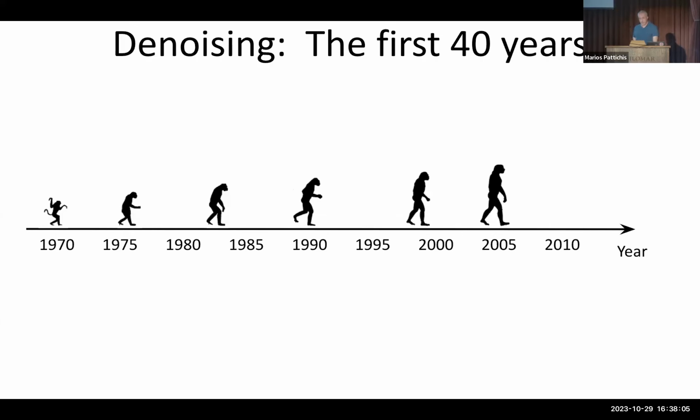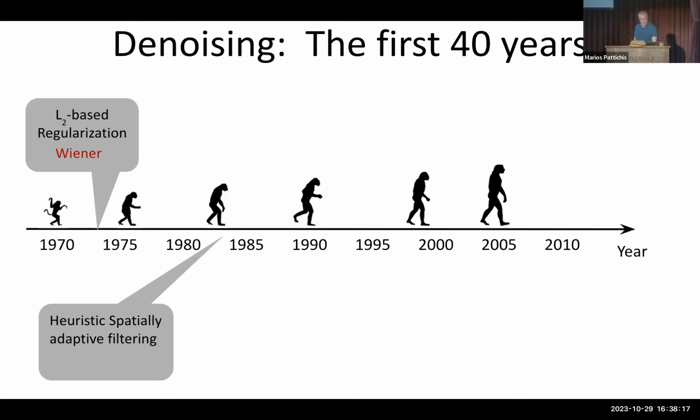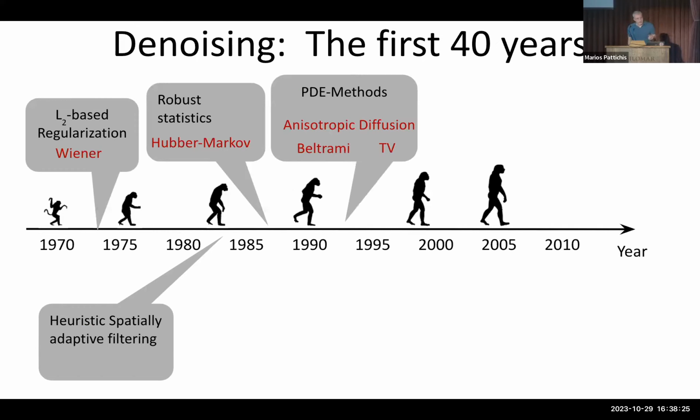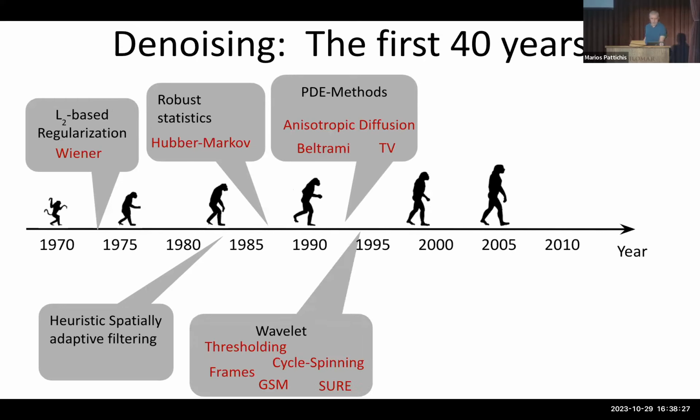There's a long history of development here, and I'll just kind of step through a few of them. With the start of sort of the space program and so on, there was a lot of early work done in this area. A bunch of heuristics were developed for spatially adaptive filtering. Robust statistics were brought into the picture. PDE methods were introduced, anisotropic diffusion, Beltrami, total variation.